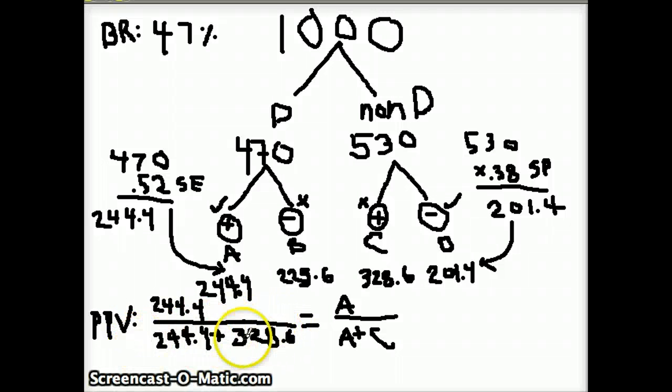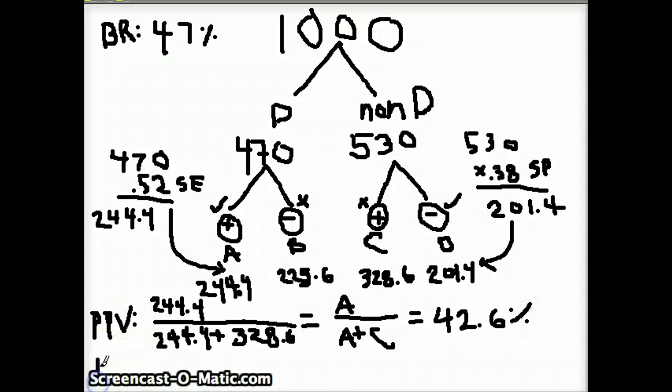So all the people who test positive are down in the denominator, and of those people who actually have the disease are in the numerator. When we do the calculation, you should get a positive predictive value of 42.6%.